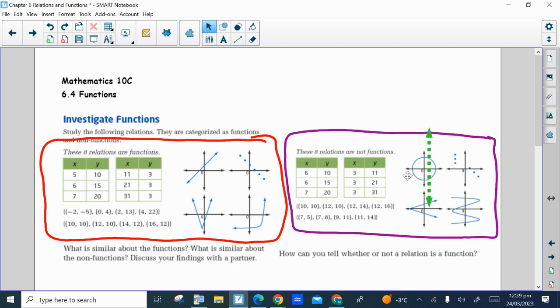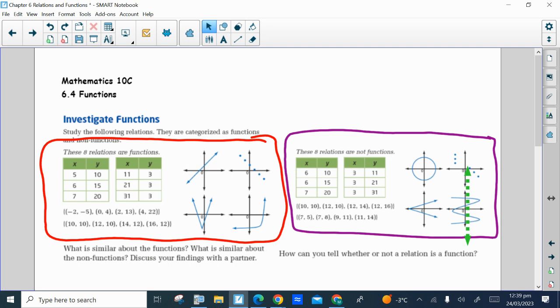Which, this circle, there's lots of places you can drop that vertical line and it'll hit the graph in more than one spot. Same thing with this graph here. Lots of places that you can drop that vertical line and it'll hit the graph in more than one spot. That means it's not a function. Same thing with that graph there.